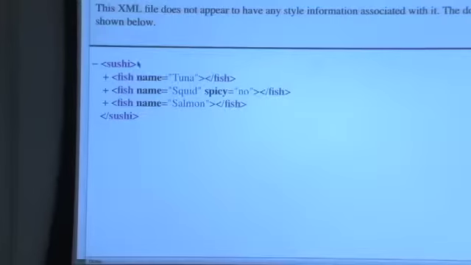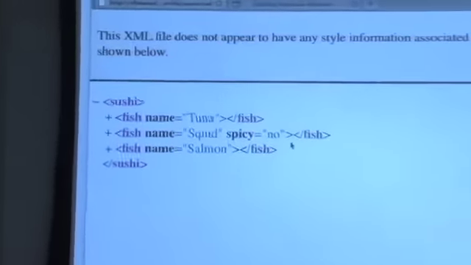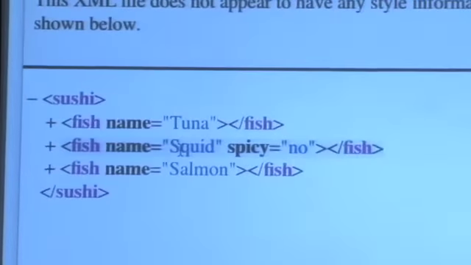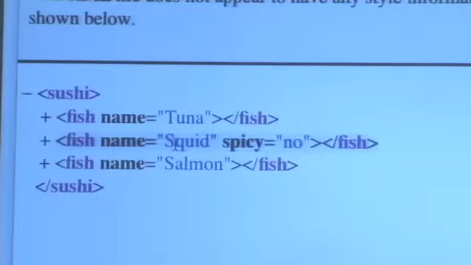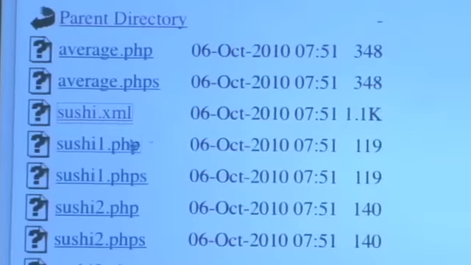Something I want you to take note of is that the second one here has an extra attribute that the other two don't. So XML is not restricting semantically, in that you don't have to have the same attributes for every single child element.